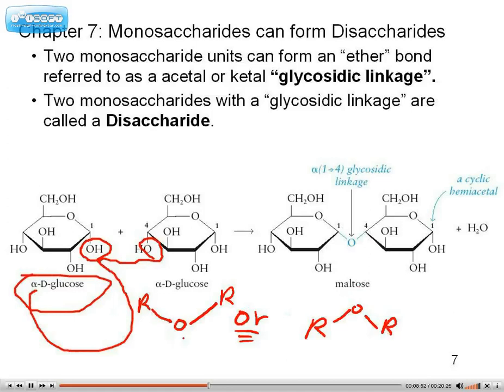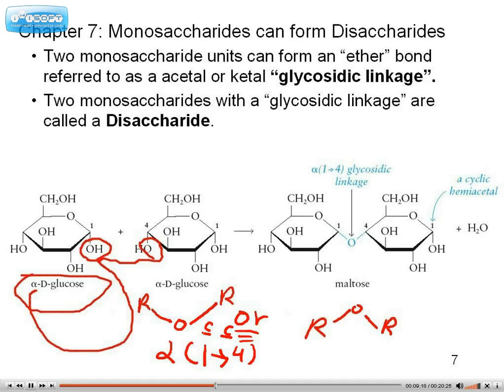Now, if it's in the down position, we're going to say it's alpha. And we usually indicate that it's a glycosidic linkage because we say 1,4. That means it's a glycosidic linkage at carbon 1 to carbon 4.